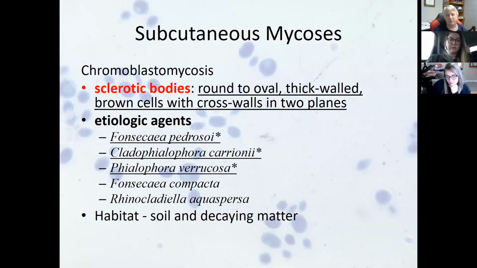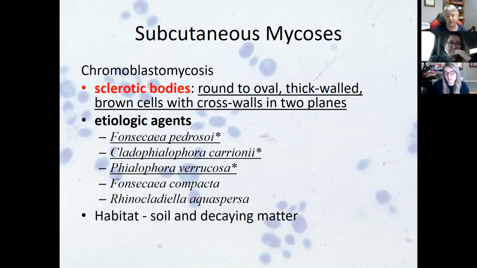Fonsecaea pedrosoi, Cladophialophora carrionii, Phialophora verrucosa, Fonsecaea compacta, and Rhinocladiella aquaspersa. So some great names in the subcutaneous mycoses family.